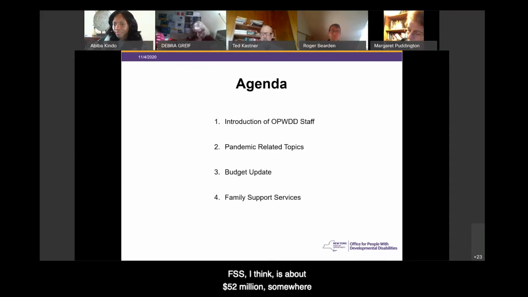FSS, I think, is about $52 million, somewhere in that range. And we have a number of items, including individual contracts. Included in those monies is ISS, which is our name for our rental subsidy program.